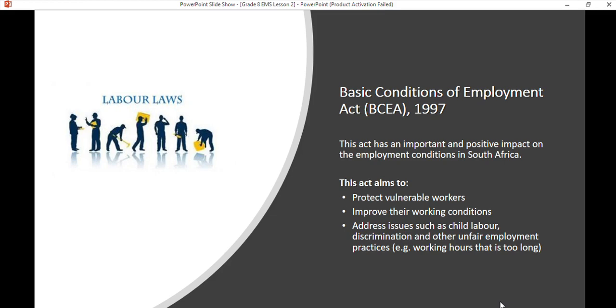So let's say in this case Volkswagen, if they employ you as an artisan or as a production person or assembler, then the basic minimum of your job will be that you will work 8 to 5, or not more than 8 or 9 hours a day, but not more than 45 hours a week.